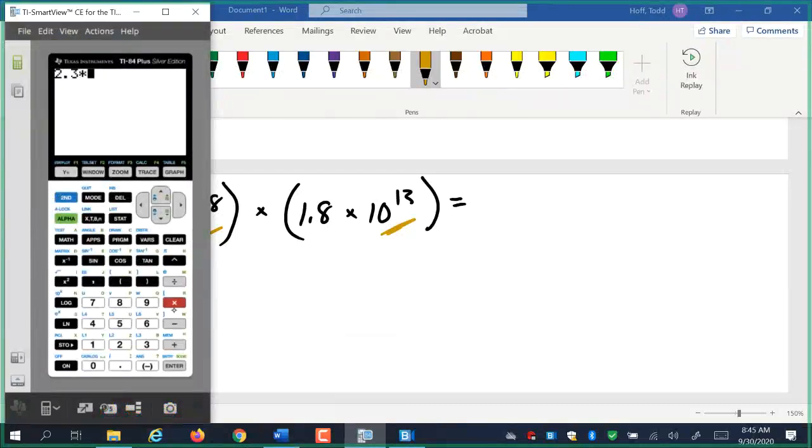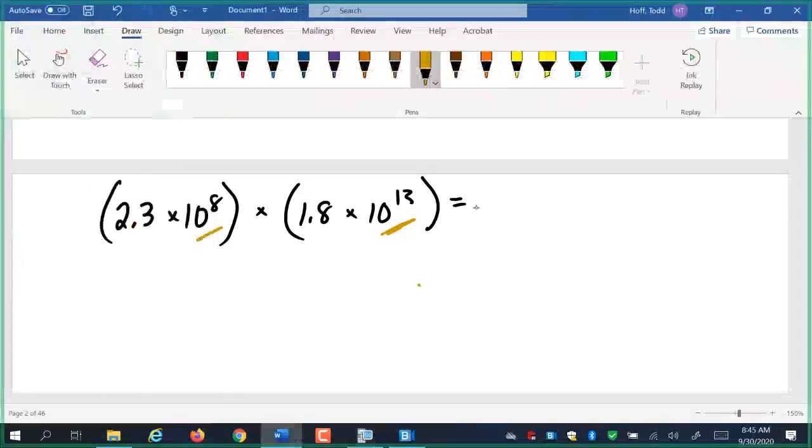So 2.3 times 1.8, 4.14. Times, we're going to also combine the names. 10 to the 8th times 10 to the 13th. They have the same base, so it's going to be 10 to the power of, we're multiplying, so we add the powers. 8 plus 13 is 21. 4.14 times 10 to the 21st.